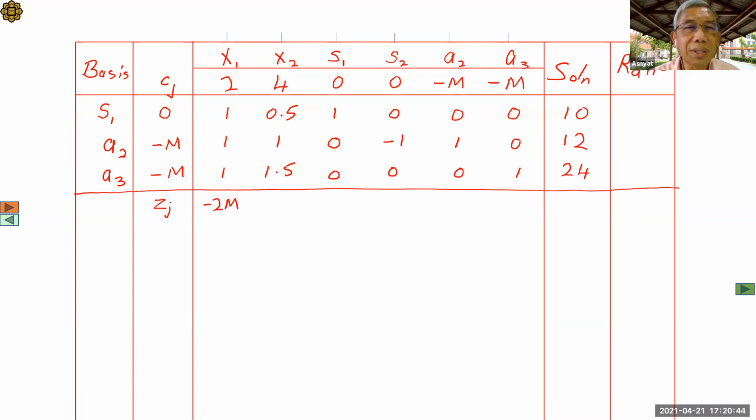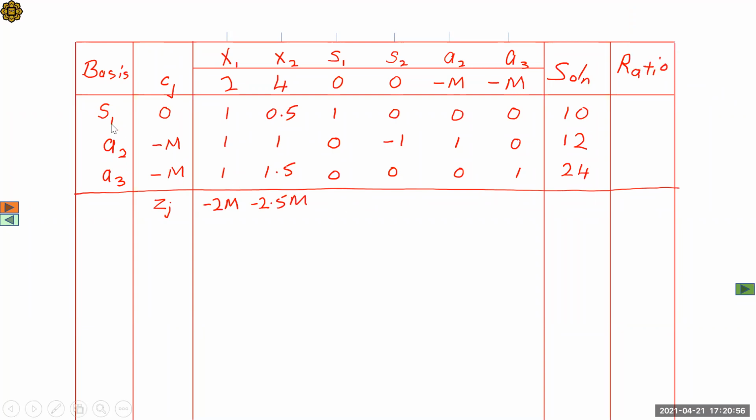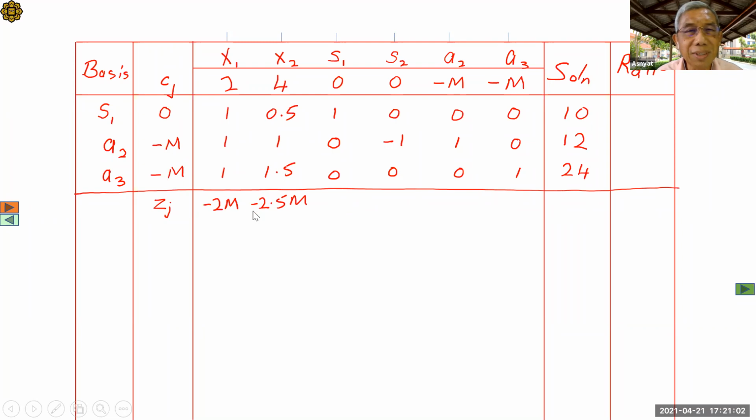Then the next one, negative 2.5M. Everybody agree? Yes. Negative M times 1 plus negative M times 1.5, you get negative 2.5M. The third one will be 0.